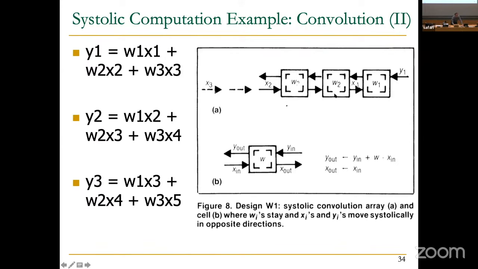Now this processing element will take the previous Y1, which is W1 X1, and set this output to W1 X1 plus W2 times this input, X2, okay? And then pass it over here. By the time this gets over here in the next cycle, X3 will reach here. And in the next cycle, you will add W3 times X3 over here. Does that make sense? So this is basically calculating that.